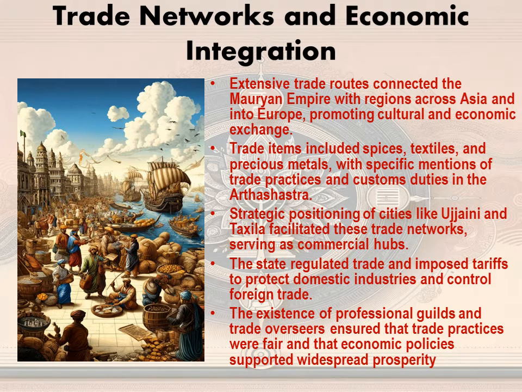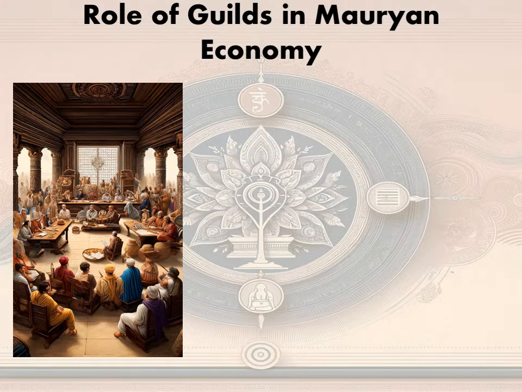The existence of professional guilds and trade overseers ensured that trade practices were fair and that economic policies supported widespread prosperity. So, specific people were there to look after this, who oversaw and ensured trading practices were fair and free of corruption. Role of guilds in the Mauryan economy.